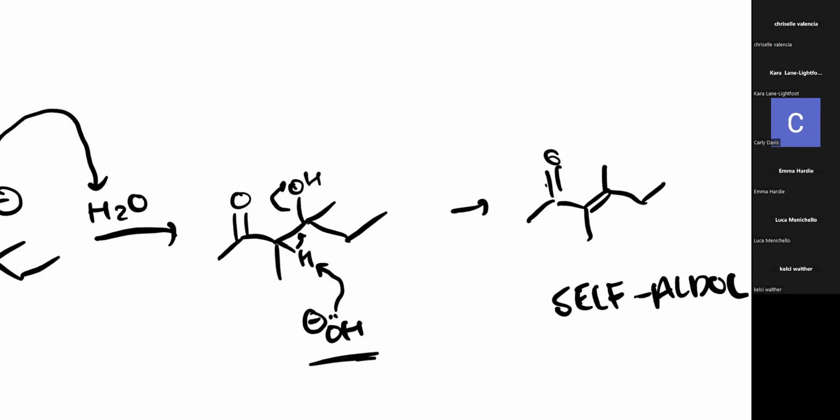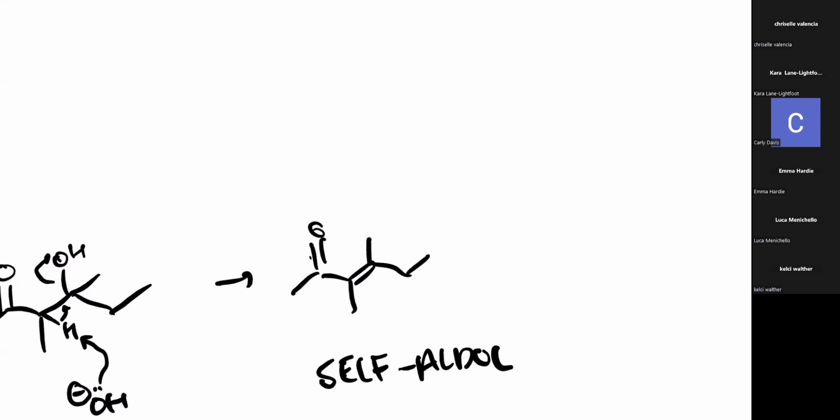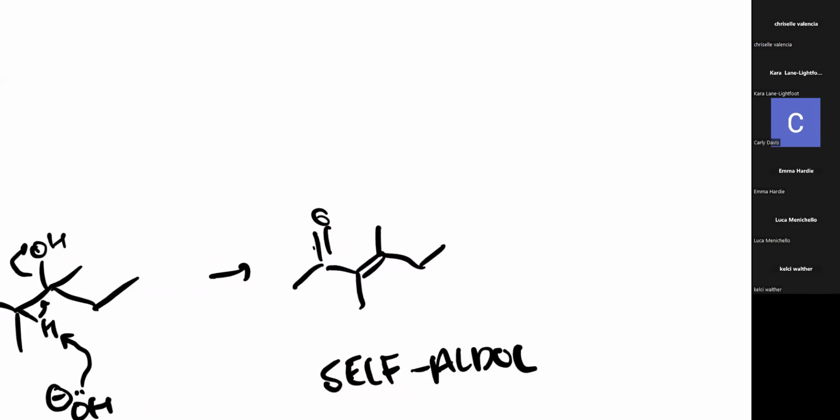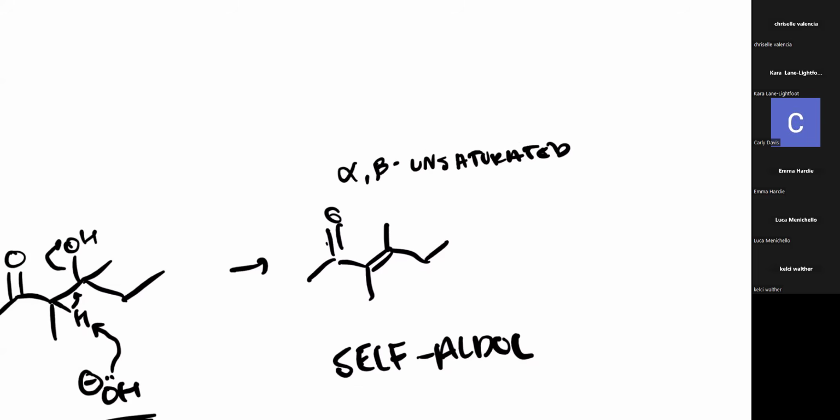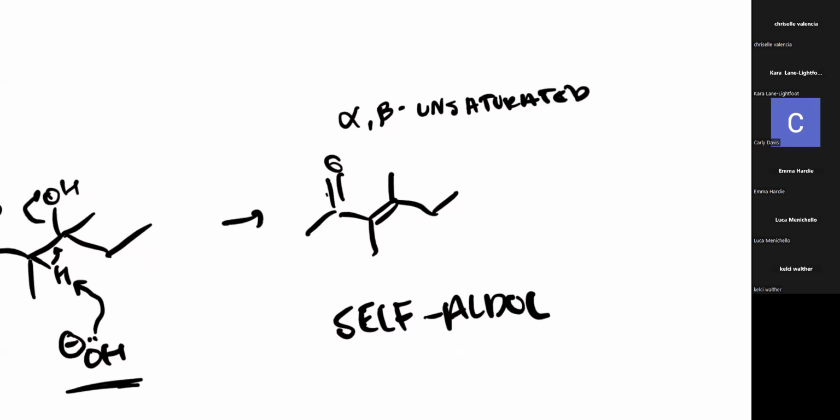Okay, perfect. Thank you. Yep. I don't care if this is super substituted and this one's not. It will always take the one between the carbonyl. Notice this? You'll always form that alpha beta unsaturated. A really fun, I mean not fun, but I won't do this to you guys, but I should think about this in the future.